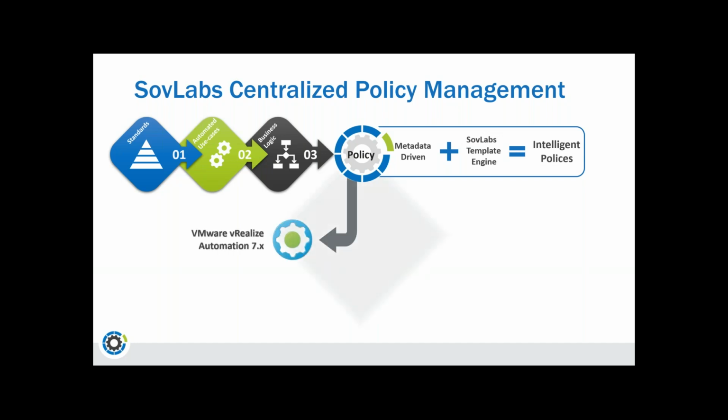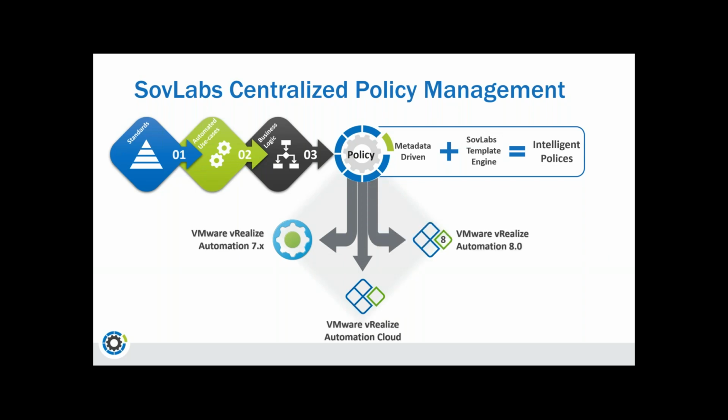And they're consumed within vRA 7 today by our integrations to determine the outcome. But as we look forward, these same policies will be consumable by vRealize Automation Cloud, as well as vRealize Automation 8 on-premise. So the same policy that's created today within vRA 7 is portable for 8 and beyond.